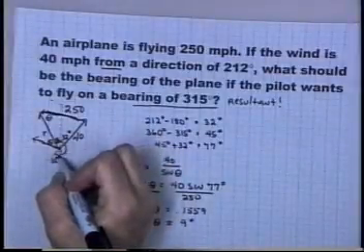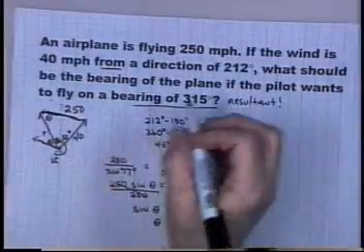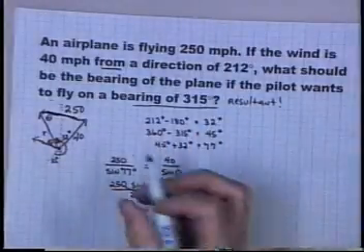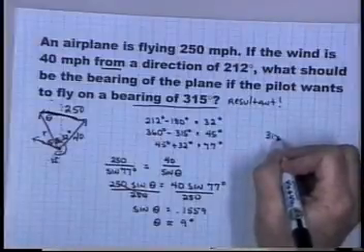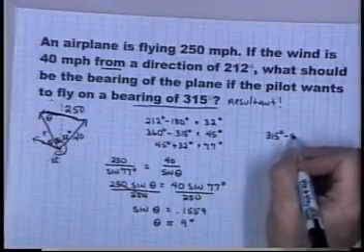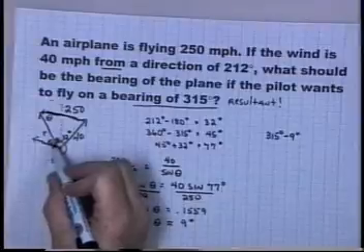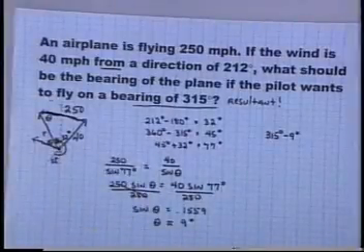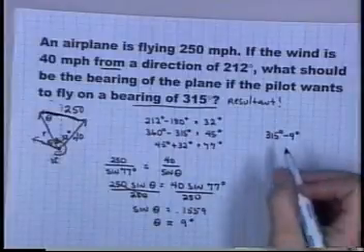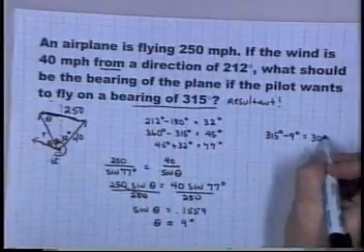So how is that going to help me? I know that all the way around to the resultant is 315 degrees. If I take 315 degrees and subtract 9 degrees, I subtract off this angle right here. So 315 minus 9, I get 306 degrees.